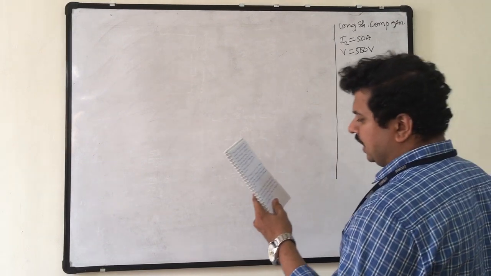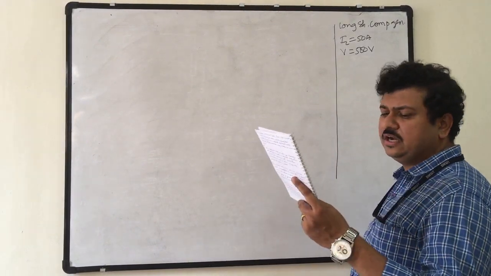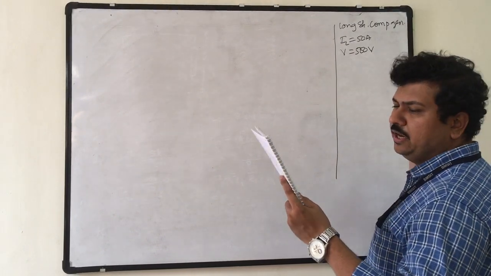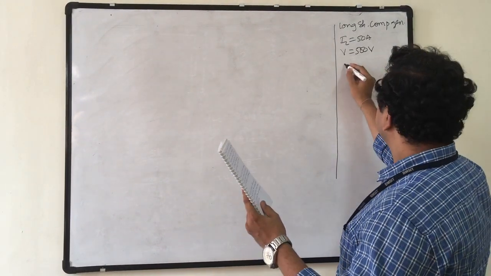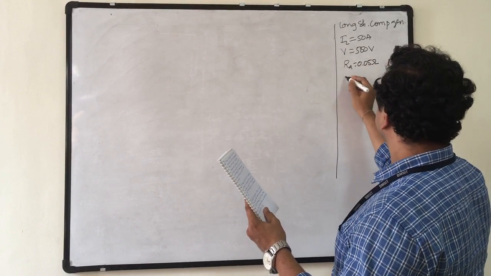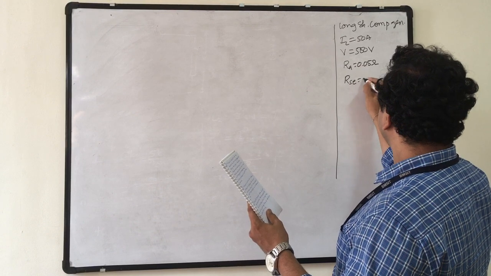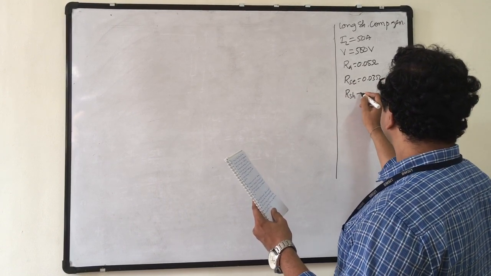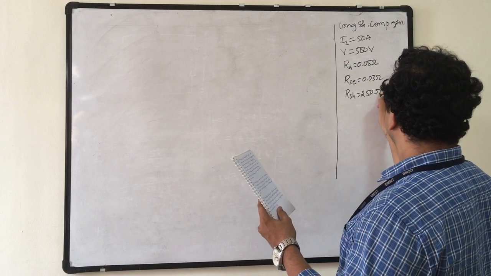The armature, series field and shunt field resistances are RA is 0.05 ohms, RSC is 0.03 ohms and RSH is 250 ohms.